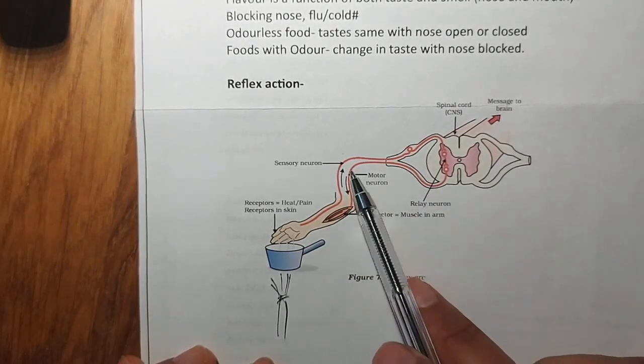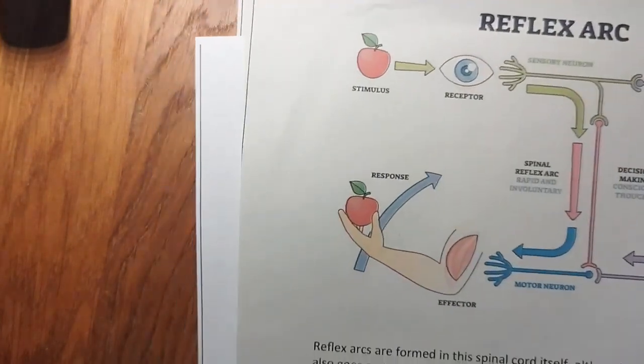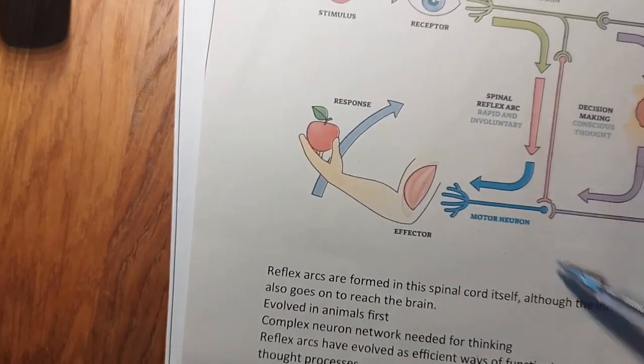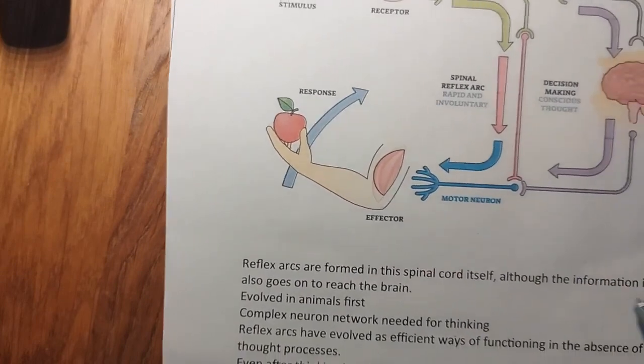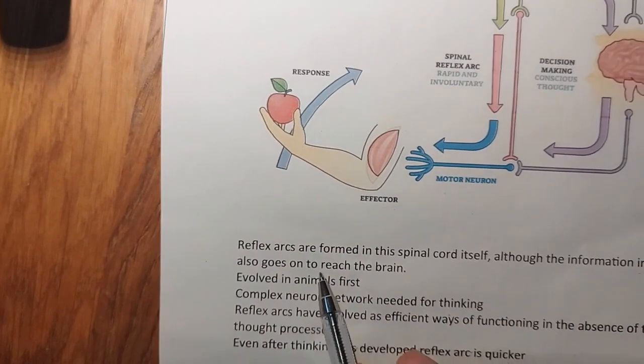This is called reflex action. Now, the reflex arc is formed in the spinal cord itself, though the information input also reaches the brain.